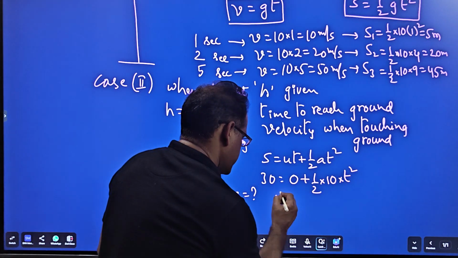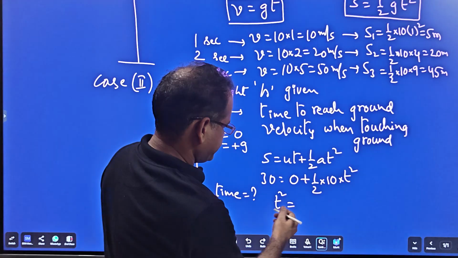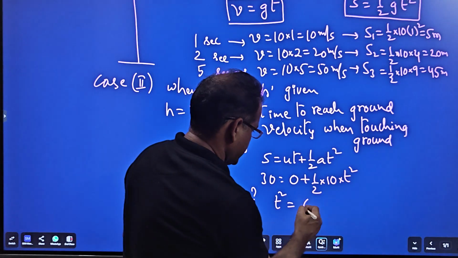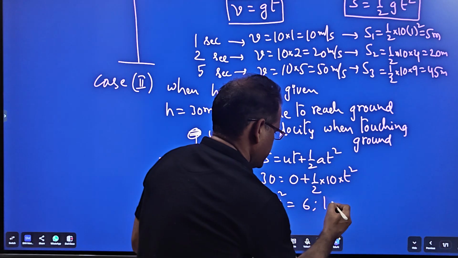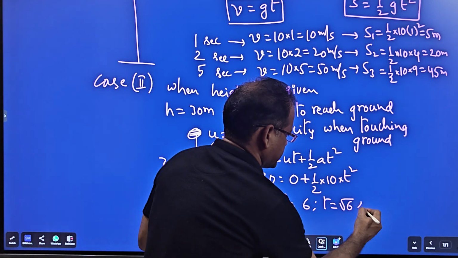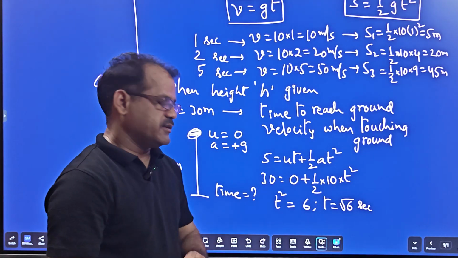So t value how much? First of all, t square value: 10 cancels, t square is equal to 6, which means time is root 6 seconds.